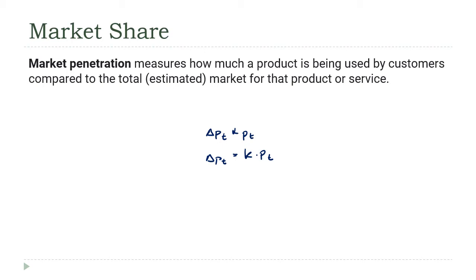So substituting P sub T plus 1 minus P sub T into that equation gives us this, which we can solve for P sub T plus 1, the next value. P sub T plus 1 equals K plus 1 times P sub T. All right, this makes sense as a starting point, but it's got problems, right?